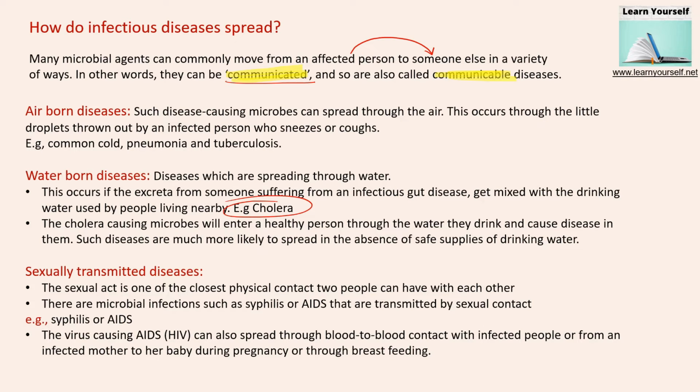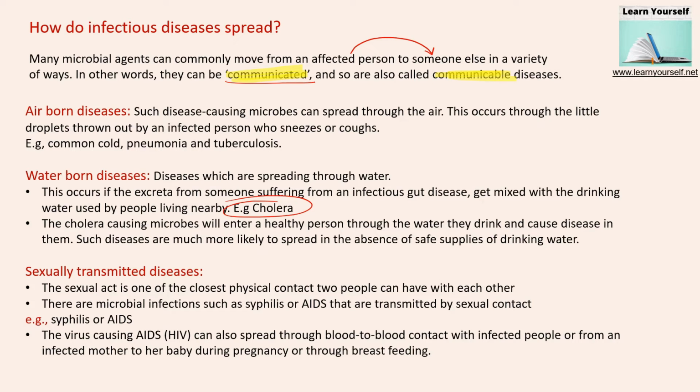The cholera-causing microbes will enter a healthy person through the water they drink and cause disease in them. Such diseases are much more likely to spread in the absence of safe supplies of drinking water. So when a person drinks unhygienic or impure water, they may catch a waterborne disease, for example cholera.